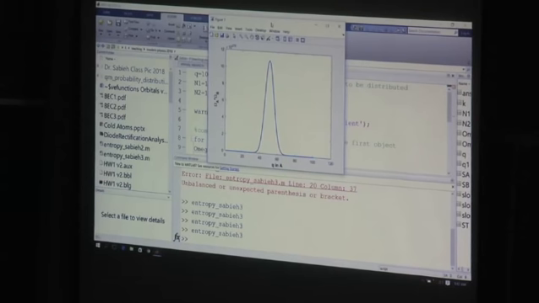peaks. You could also repeat this calculation in the log scale.